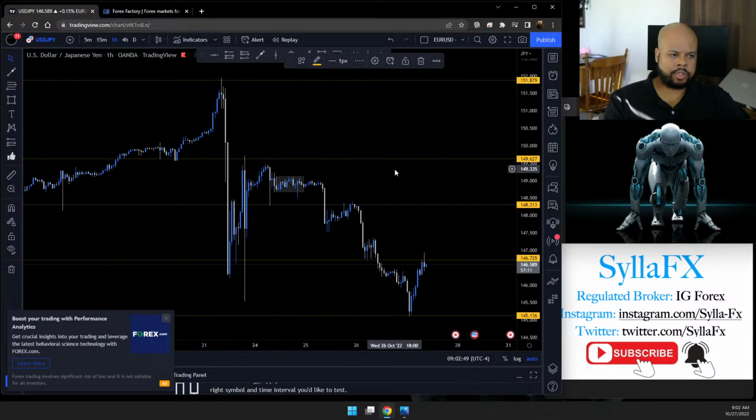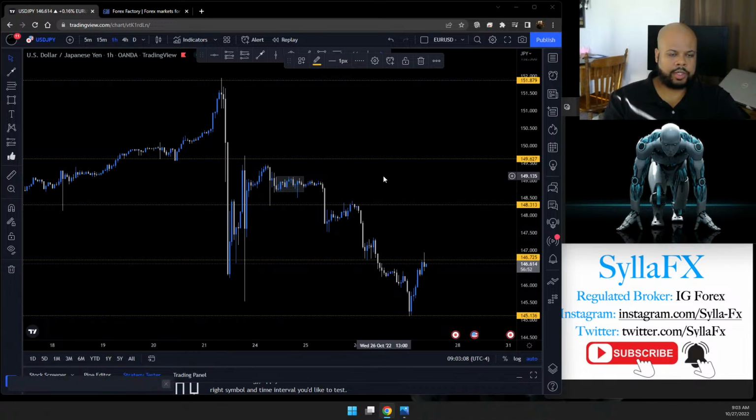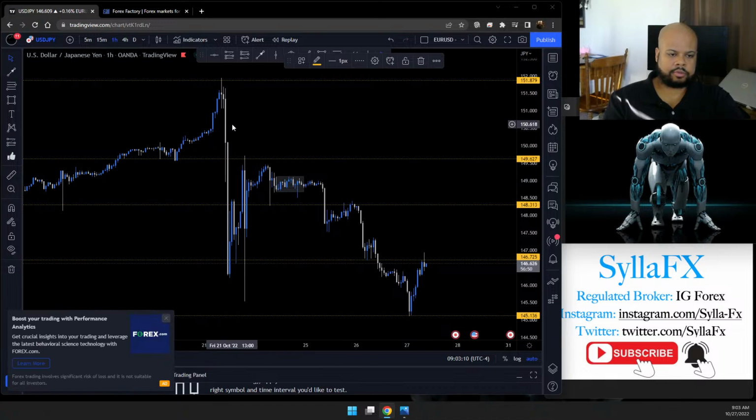On the hourly, they're a little more pronounced, so it looks good. So what do we have here? We have mostly a downtrend. We got a nice rejection here. I think this might be a good sell position actually.